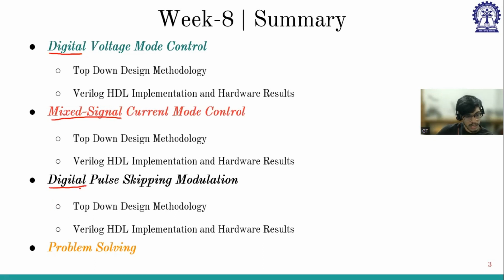Here it is digital pulse skipping modulation. In all these three, first we discussed the top-down design methodology. We saw the architecture, and then discussed how to implement it using Verilog HDL, as well as some hardware results. Here also we saw the top-down design methodology, Verilog HDL implementation and hardware results. Here also it is the same thing.